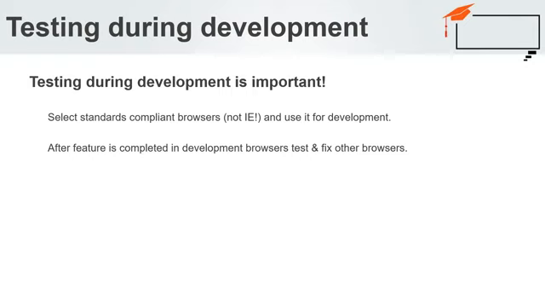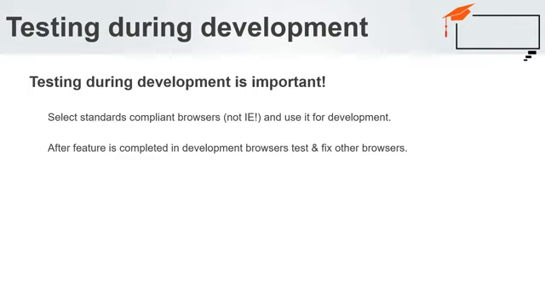I always suggest to select a standards compliant browser during development, which you can then use for development. So popular choices would be Google Chrome, for example, or Mozilla Firefox, or Safari, because they have quite good standards compliance and they have great developer tools.